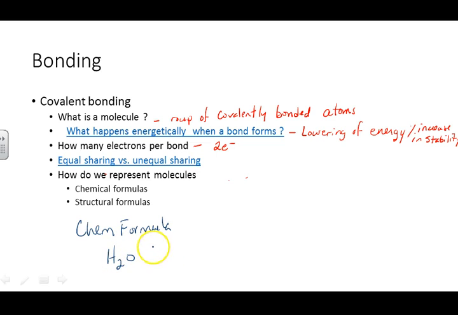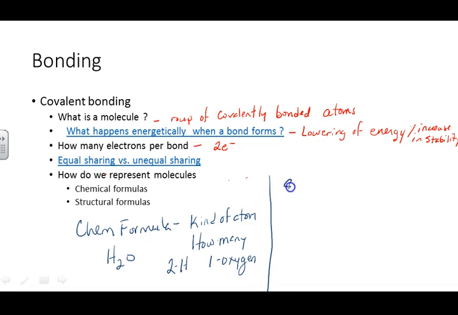What this formula shows you is the kind of atom and how many. So we have 2 hydrogens and 1 oxygen.